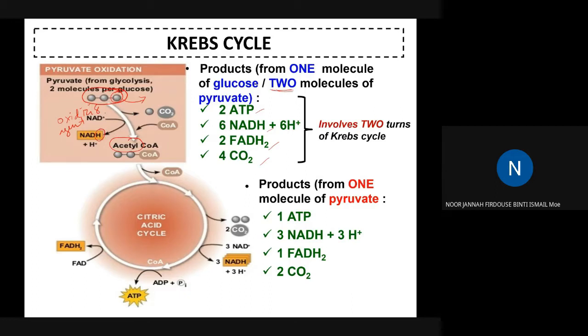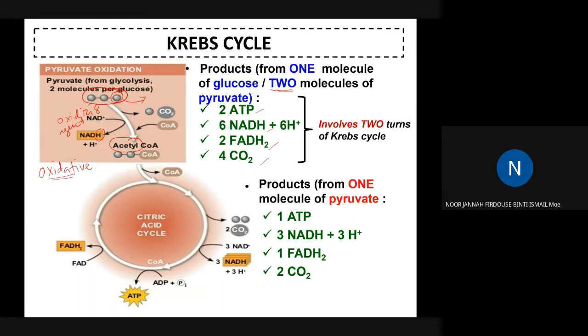That is why it is called oxidative decarboxylation. Oxidative, because this process must occur with the presence of oxygen, and also it is coupled with the oxidation process.